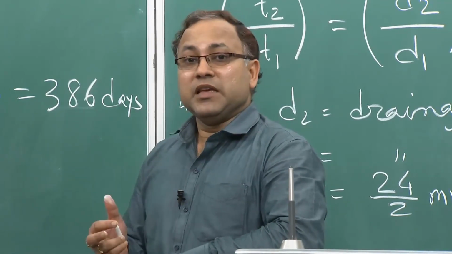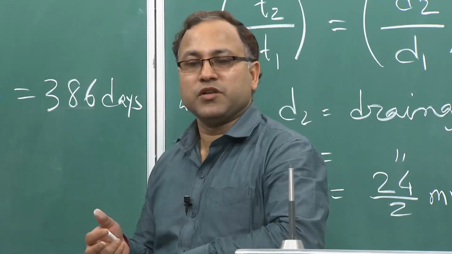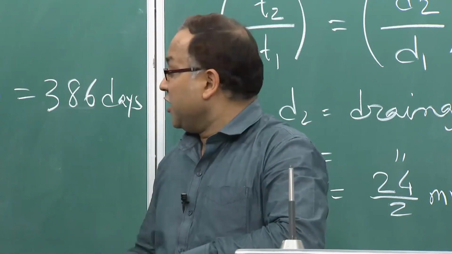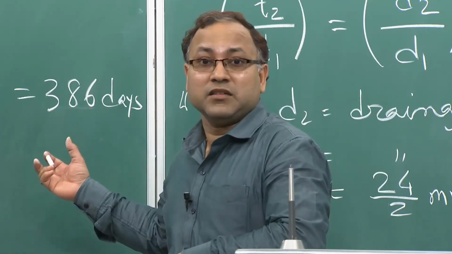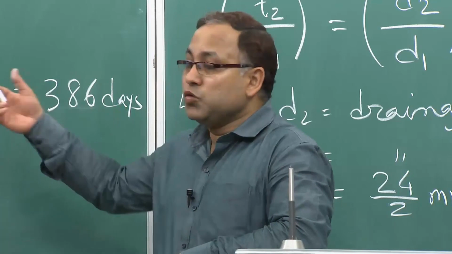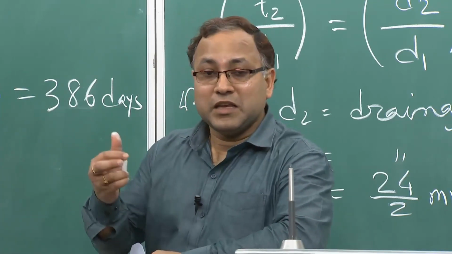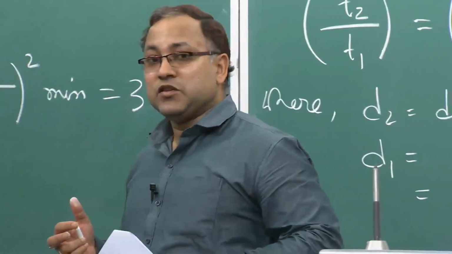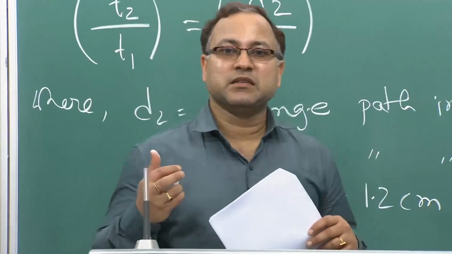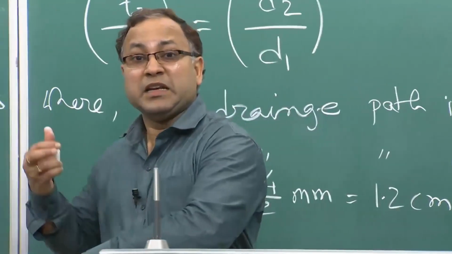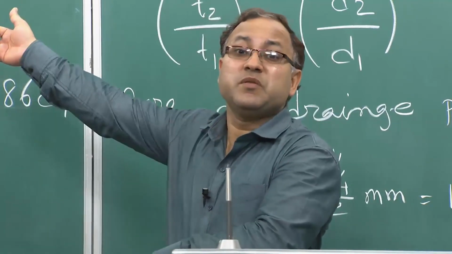Same thing, if you want to achieve 50% consolidation in the field, you need 386 days, that means more than a year, right. More than a year you need to get 50% consolidation in the field. So, you can understand that it is not a matter of a few minutes or few seconds or few days, it could be more than a year, to get only 50% consolidation.